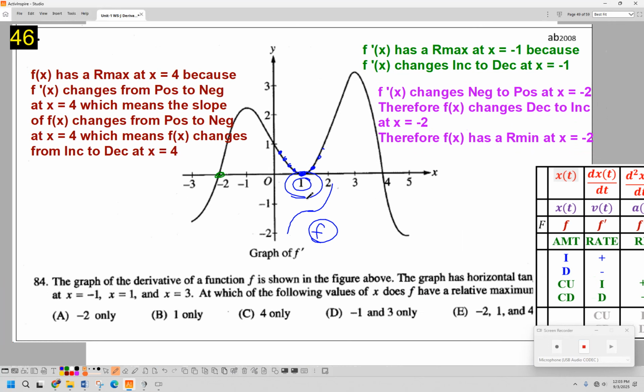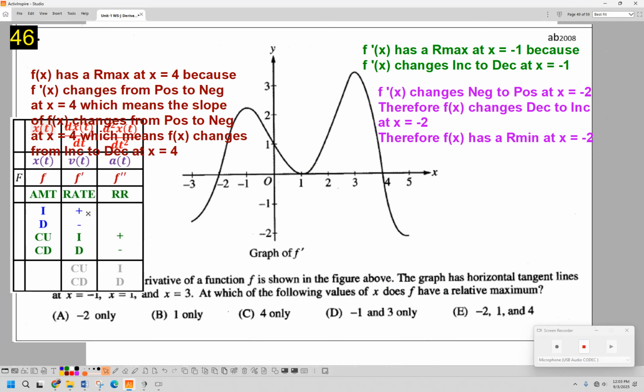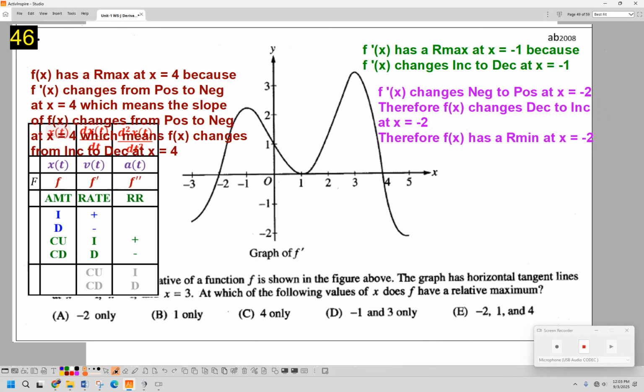Question? Does every time anything, whether it's prime or not, crosses the x-axis, there'll be a relative max or minimum? You couldn't say that. You could say this, looking at Danica's chart, that if f prime crosses the horizontal axis, f will have a relative min or max.